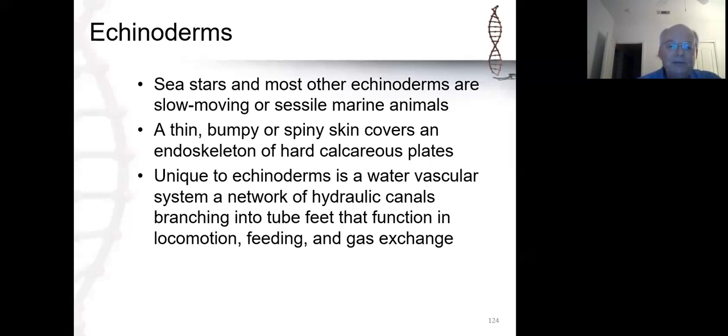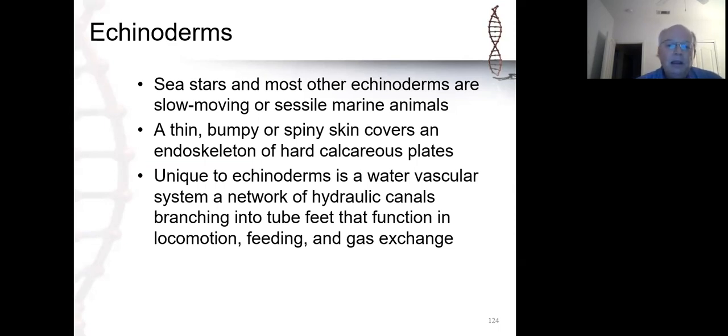The opening is covered by a grid-like arrangement that serves as a filter to keep particles out of the hydraulic system. And this opening is called a madreporite. That's where the water is drawn into the system. It initially enters into a ring canal that circles around the periphery of the central circular disc of the sea stars.